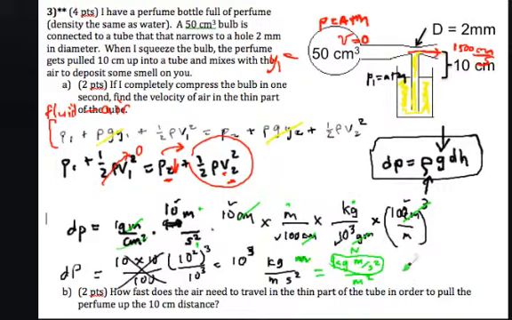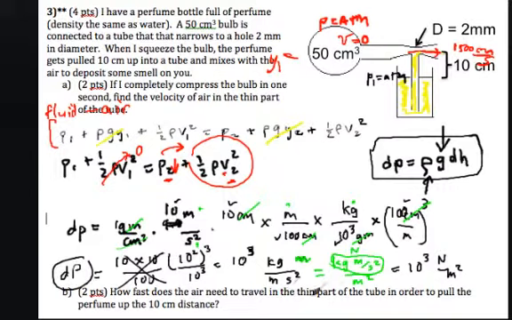Newtons per meter squared is equal to pascals. So the answer is 10 to the third newtons per meter squared is the change in pressure. That's the difference in pressure.